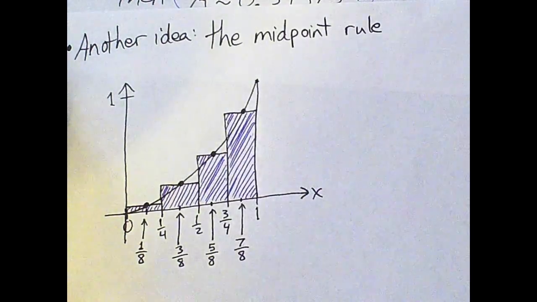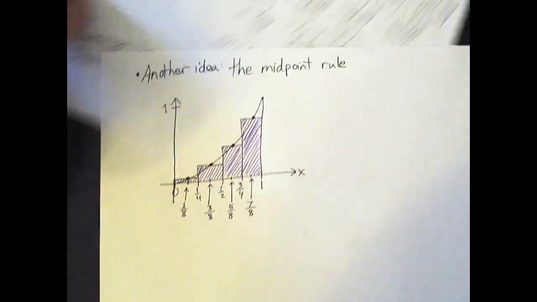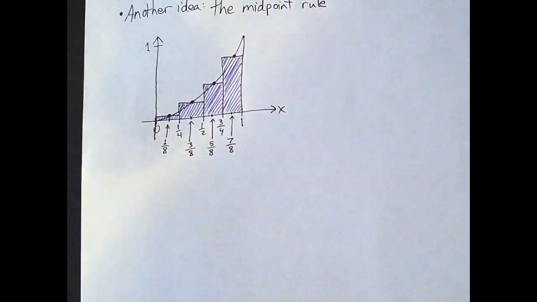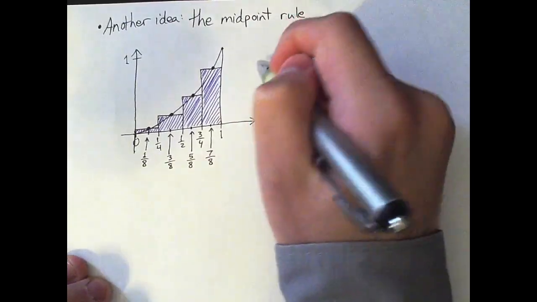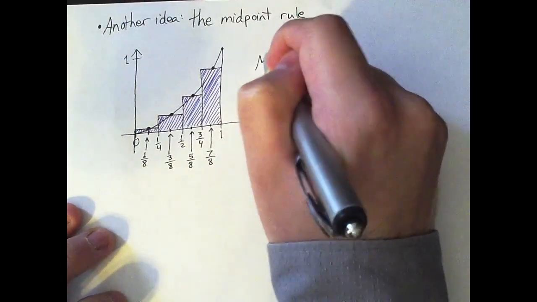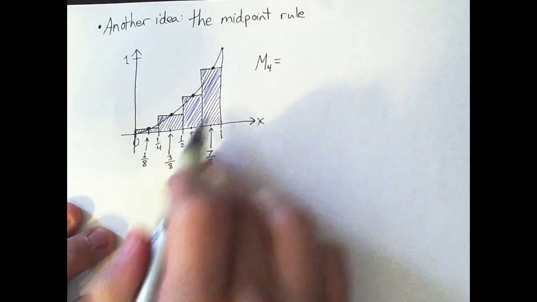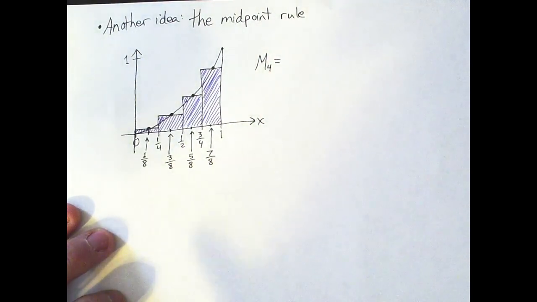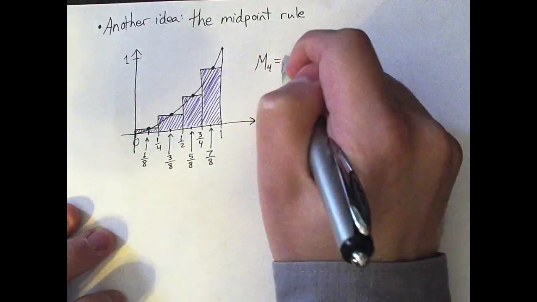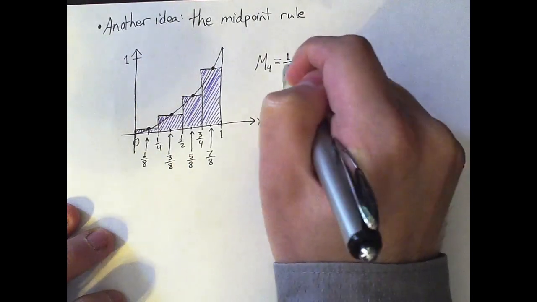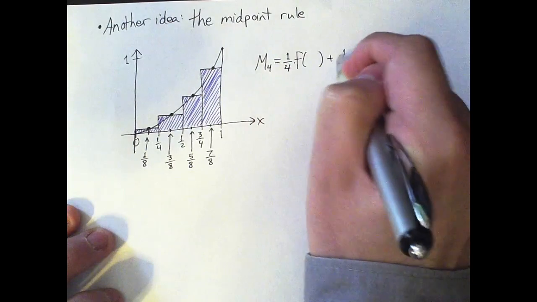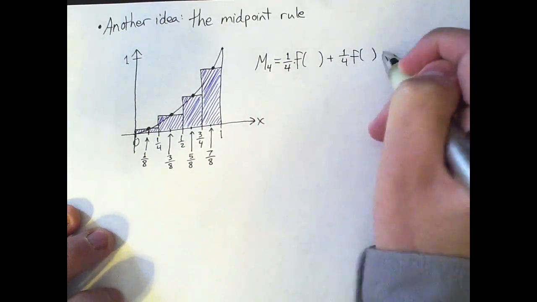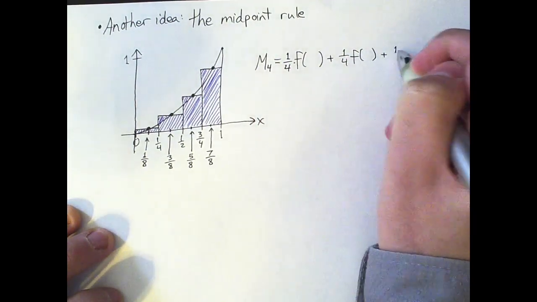So I'll zoom out again. And we called the other ones L4 and R4. We're going to call this one M4. It's still 4 vertical strips. So M4 is the sum of these 4 areas, of these 4 rectangles. Each of these rectangles still has a width of 1/4. And it's still 1/4 times f of something plus 1/4 times f of something. You know, width times height, width times height.